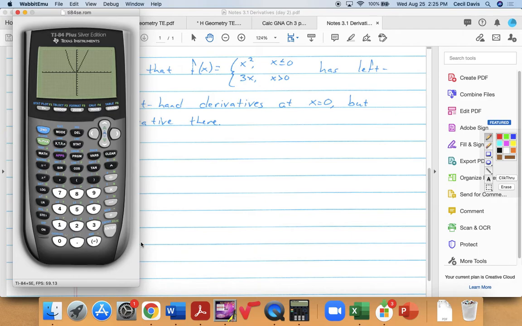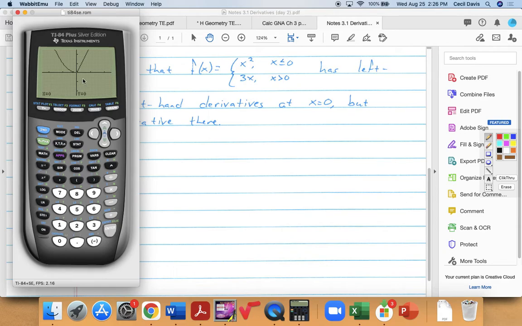And it's not immediately obvious that something hinky is going on at 0. So I'm going to zoom in at 0, 0. And there you can kind of see it.